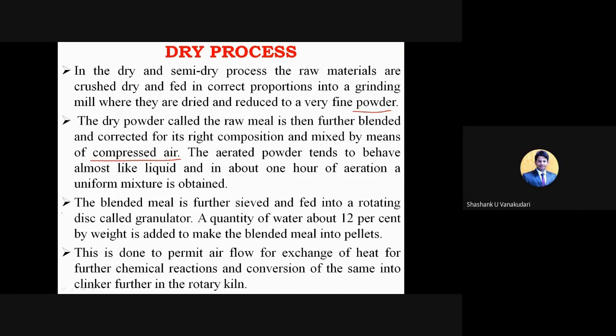Okay, and then the third part: the blended meal is further sieved and fed into a rotating disc called a granulator. So the blended meal, that is the raw meal mixed from the raw materials, is stored in a rotating disc, and that disc is called the granulator. Here a quantity of water, about 12% by weight, is added to make the blended meal into pellets.